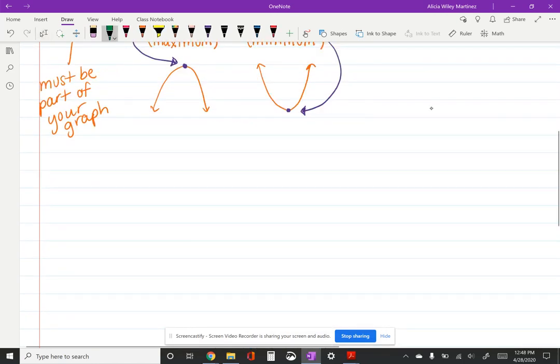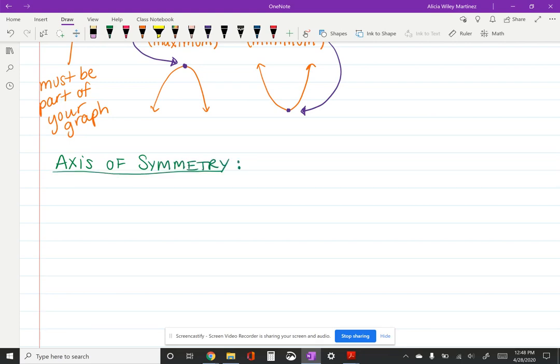The next key part of the graph is what we call the axis of symmetry. So the axis of symmetry is a vertical line that goes through the vertex.